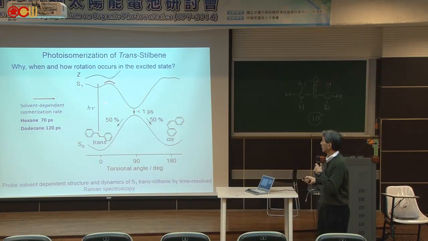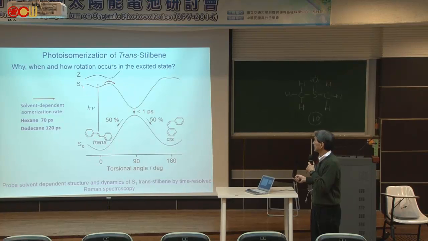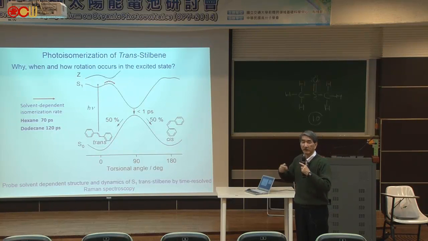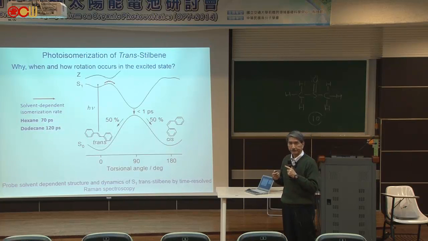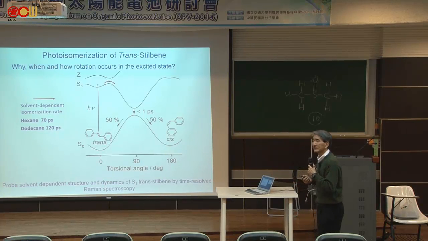So many people first thought that in the S1 state the central bond is a single bond, but no one actually proved that by experiment. So I wanted to check whether this is really a single bond or not.